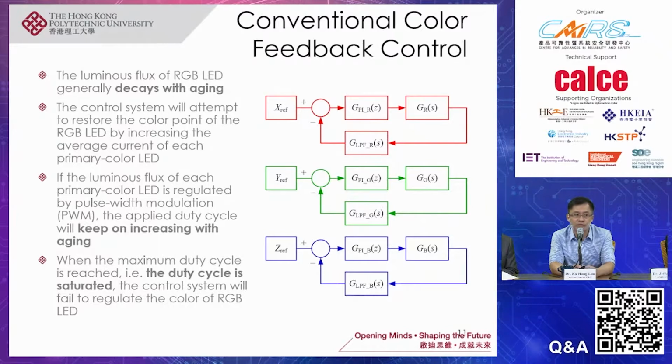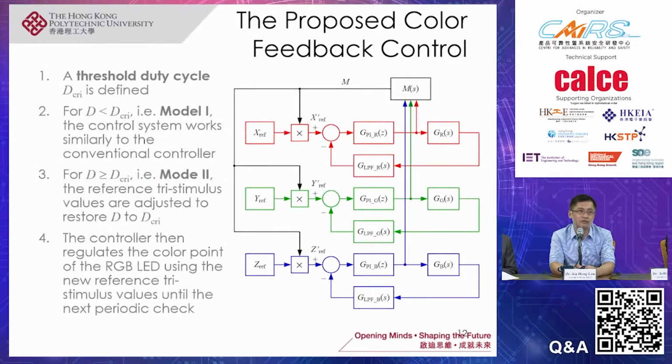If we have data to support this, then for example, when the duty cycle has reached its maximum value, the remaining lifetime of the LED will be a certain percentage of its normal lifetime. This is how we can make use of the information provided by the PWM duty cycle.